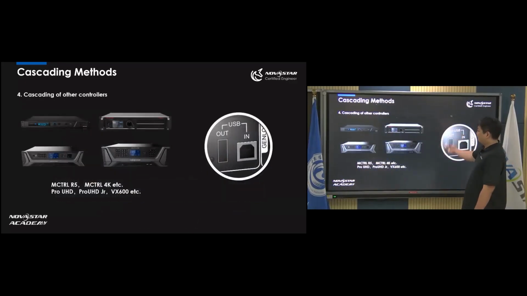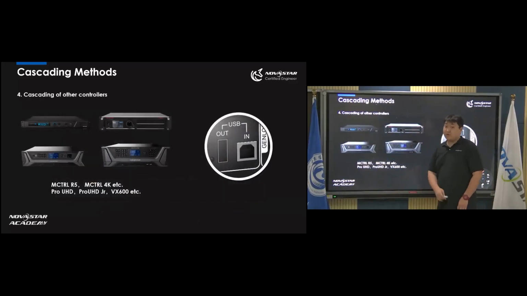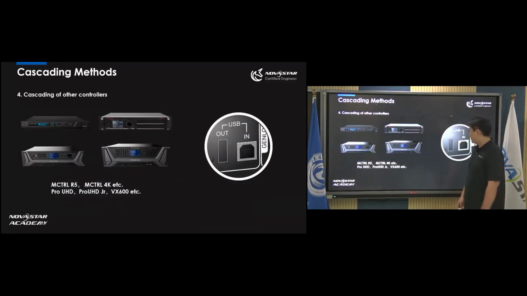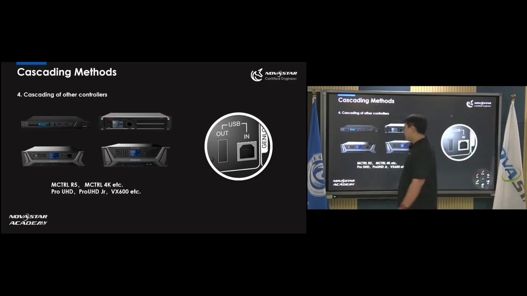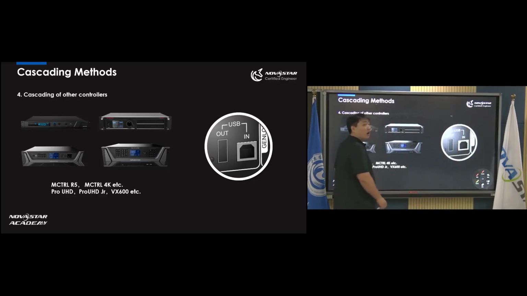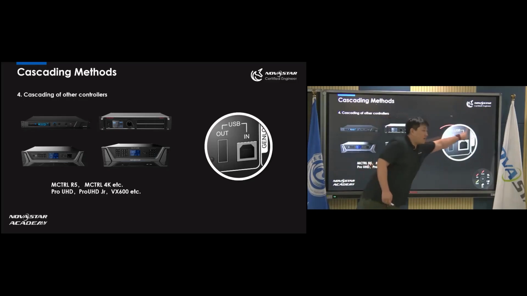And for the latest products, we provide USB for cascading, like M control R5 using USB, and M control 4K using USB, UHD Junior, and VX standards. The new products use USB for cascading.